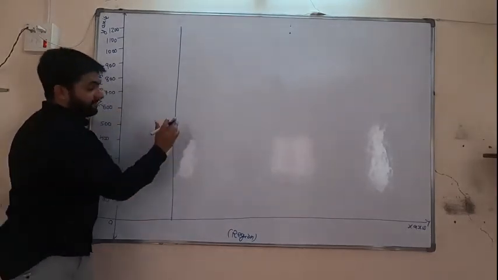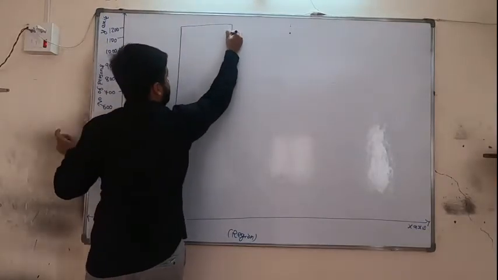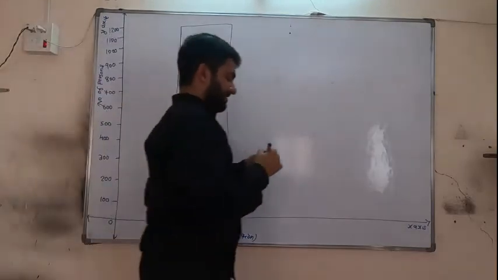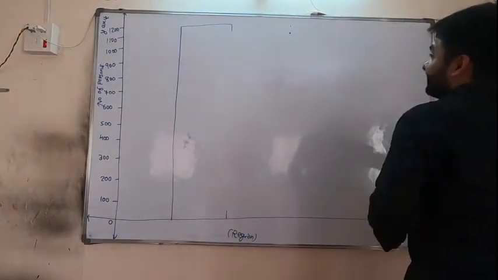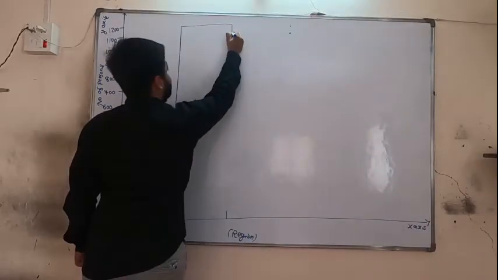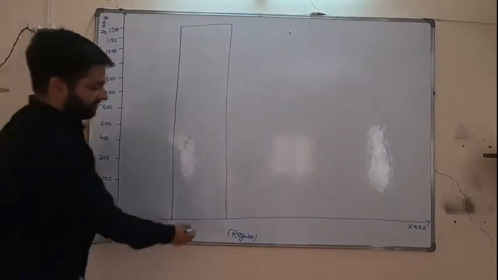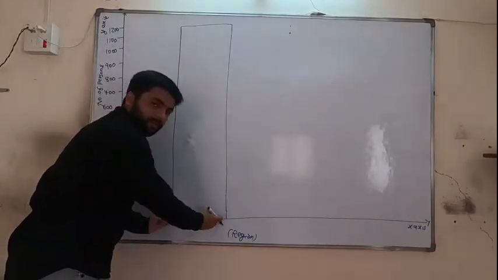3 boxes are left, and again this bar is also for 3 boxes. So it will be a little bit big. This bar is also for 3 boxes, but it is not straight. Yes, friends. Let me make it straight. Yes, now it is somewhat looking straight. Okay. Again 3 boxes here, 3 boxes of bar.